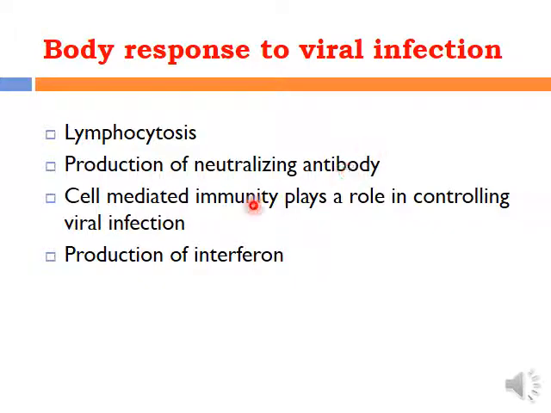And there will be development of cell-mediated immunity, which plays a role in controlling the current viral infection and destroying the viruses. And there will be production of interferon by the lymphocytes to enhance immunity and defense against the virus.